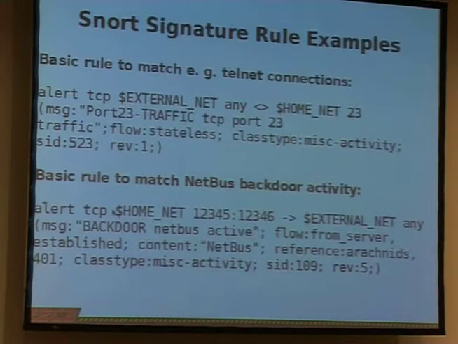The second rule is a bit more complicated. It is a real Snort rule that detects NetBus backdoor activities, and it contains additionally, for example, a flow direction, where here from server could also be the other direction, or content. You can match for different contents in this rule.